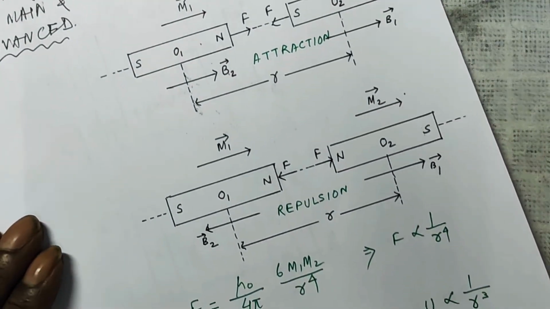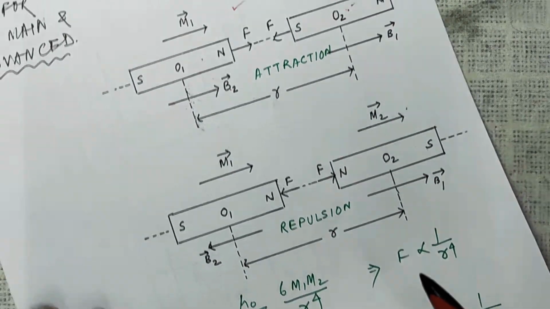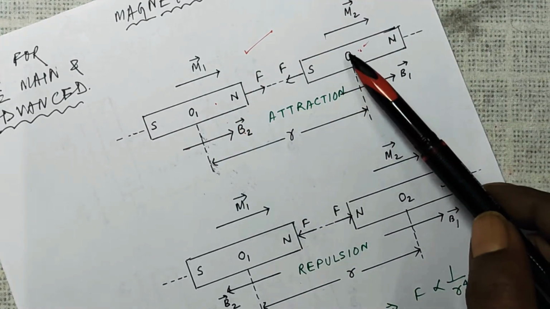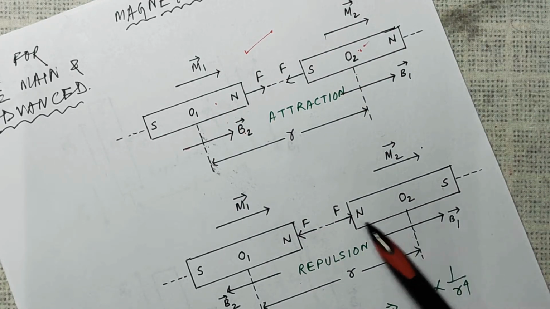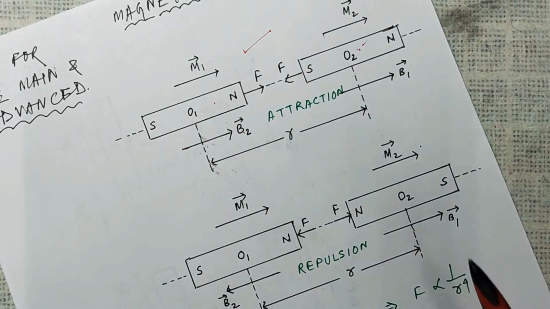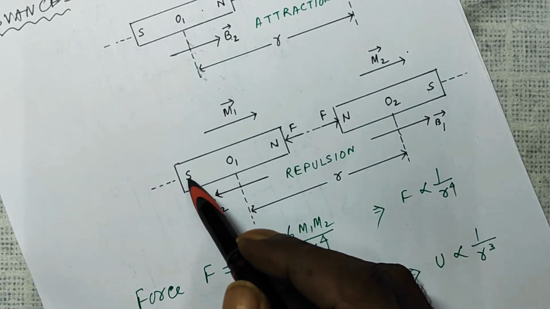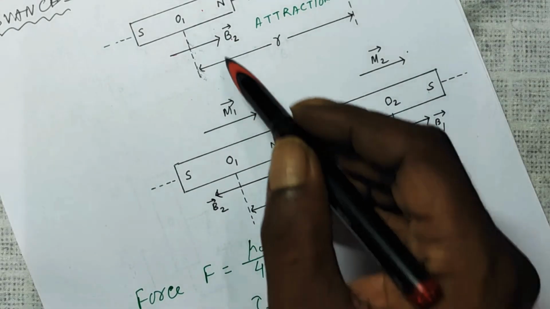reversed. Means the north comes here, the south comes here. This remains the same. This magnet, its orientation is just changed. North comes here, south comes here. So in this case also, due to this magnet, its magnetic moment was m1, which I explained here.